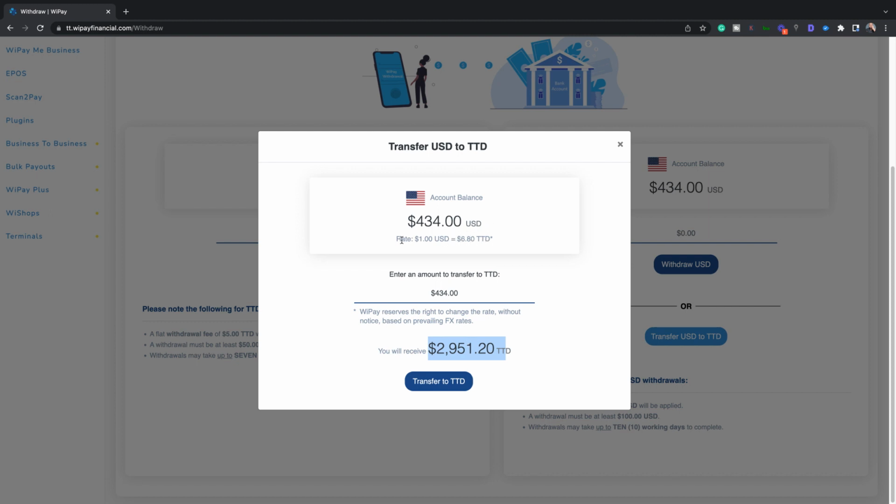And it already shows you up here, they're using the exchange rate of 6.80, and that can change depending on whatever the market rates are, right? So that's always going to be subject to change. So this is how much I would get if I were to convert 434 US into TT dollars right now.